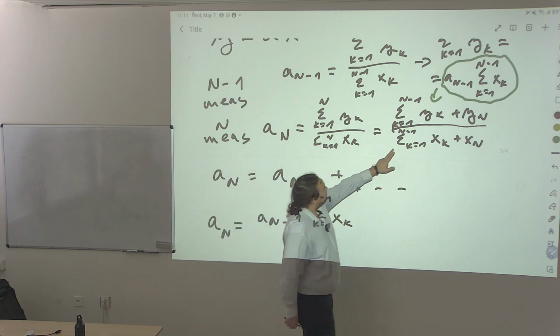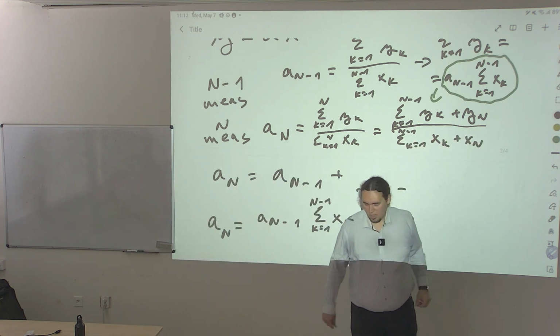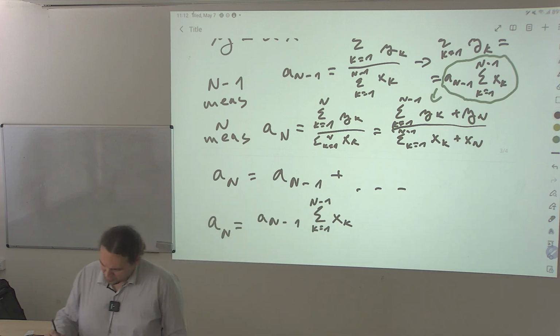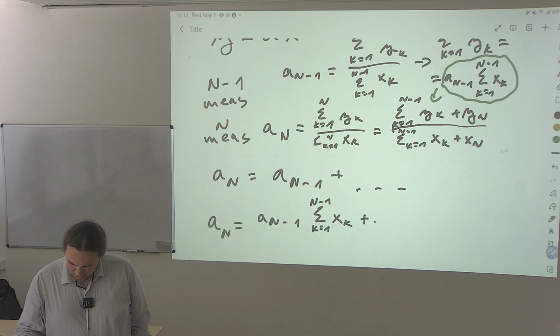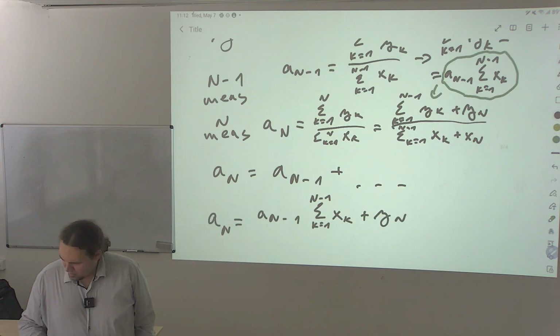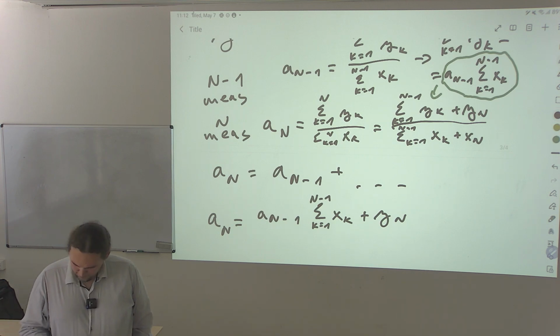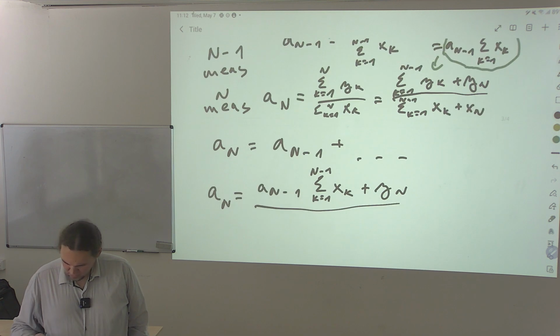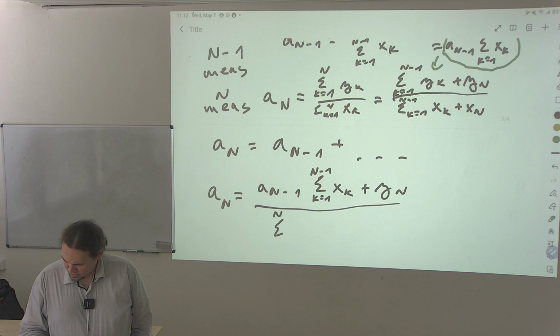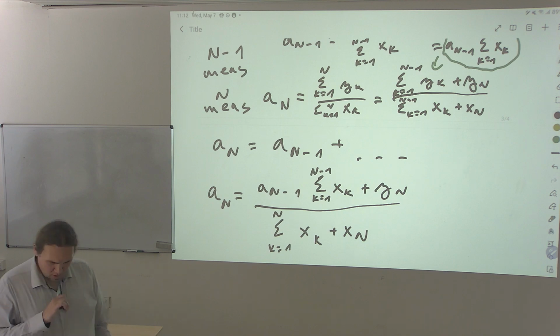What we are missing is to add the last measurement of the output, yn, and now what? Still divided by the sum of k equal to 1 of xk plus xn.